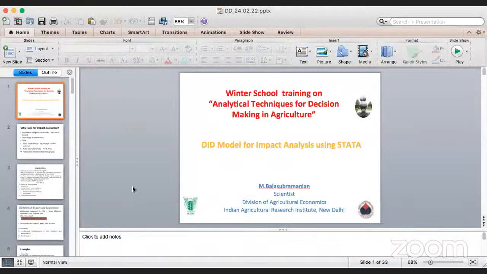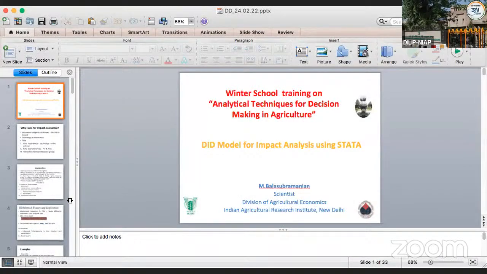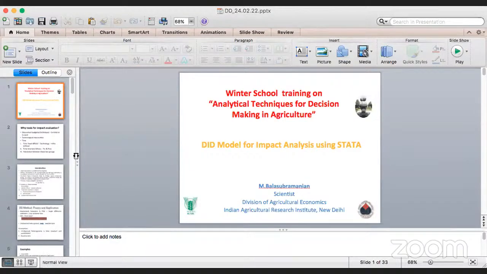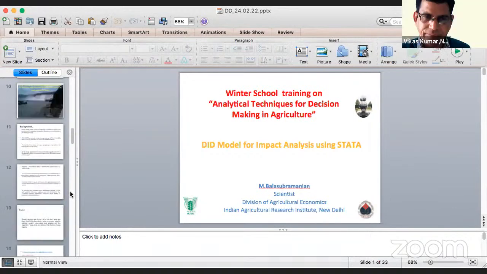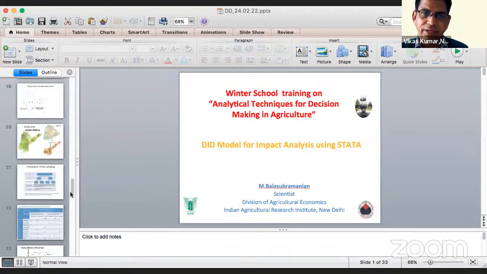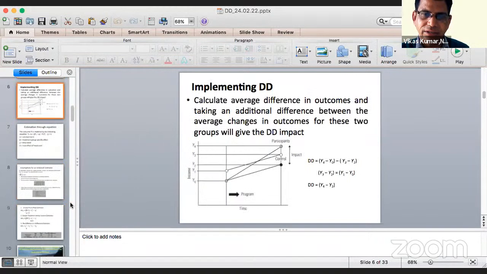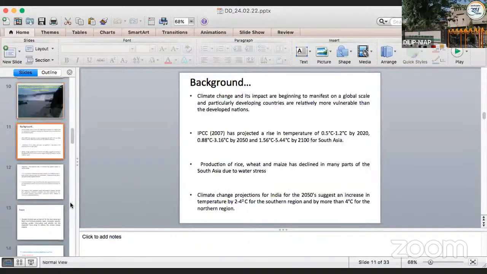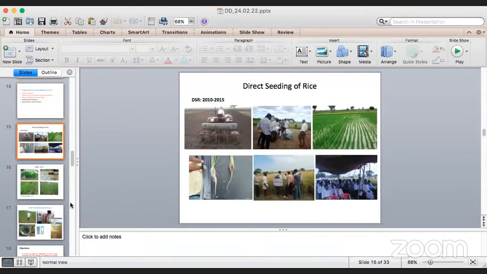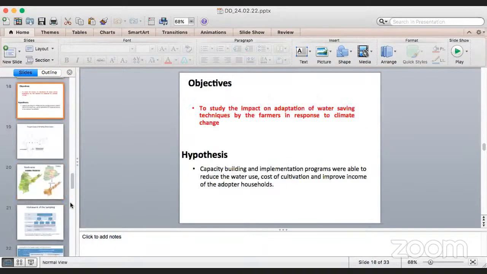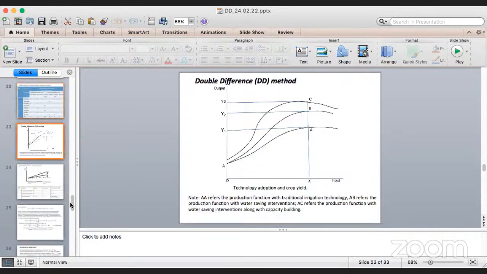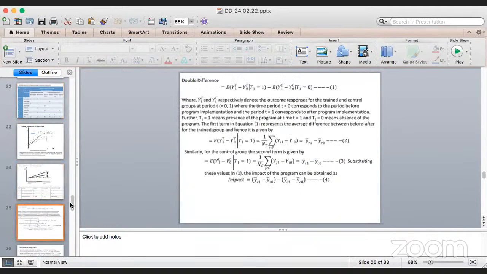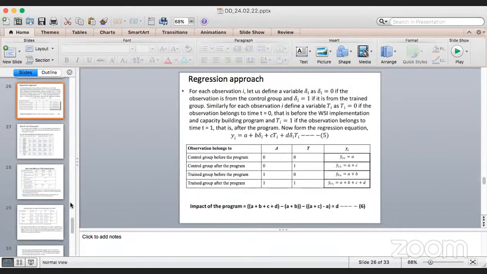Surely, sir. It's visible. Is it okay, sir? Move your slide. The PPT is not moving. Click on play. If I go to slideshow, then it may work again, sir.